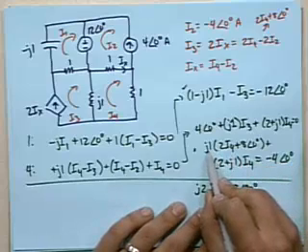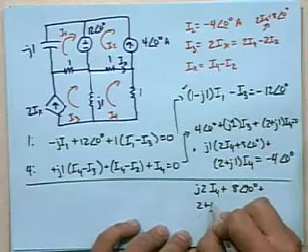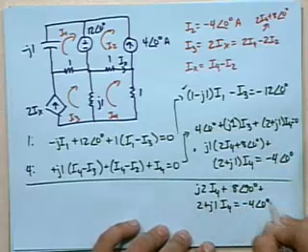So that is just distributing that J out, and so then we've got plus 2 plus J1 times I4 equals negative 4 at an angle of 0 degrees.